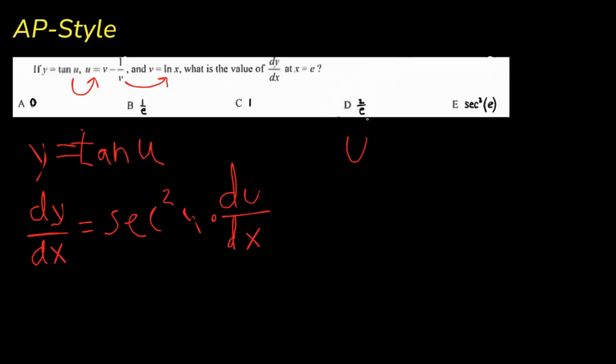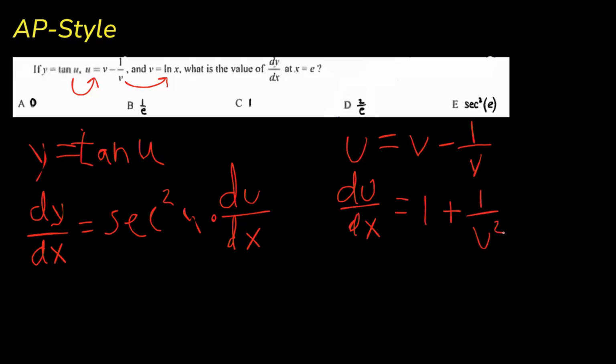Now u is equal to v minus 1 over v. So du/dx is equal to 1 plus 1 over v squared times dv/dx. Now, v, we know, is equal to natural log x.